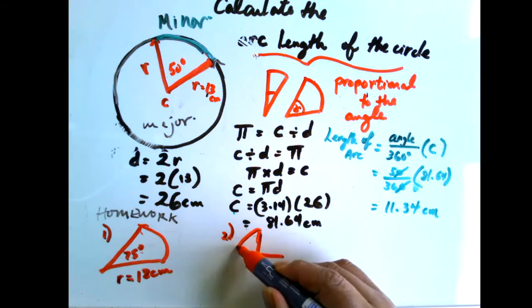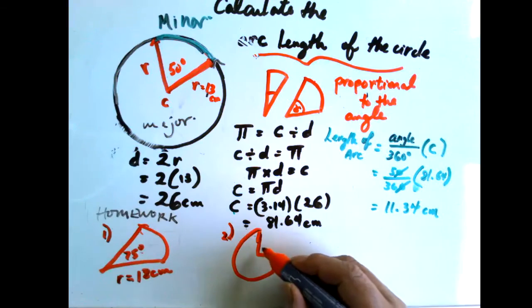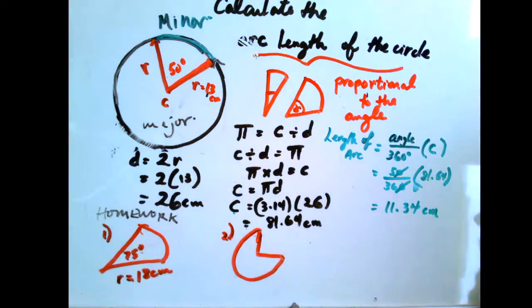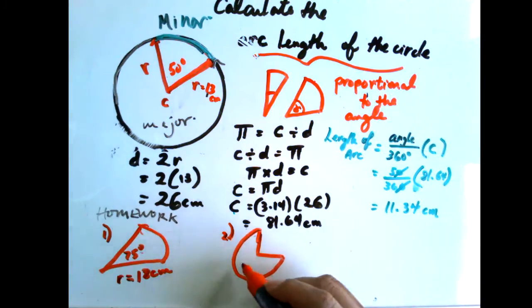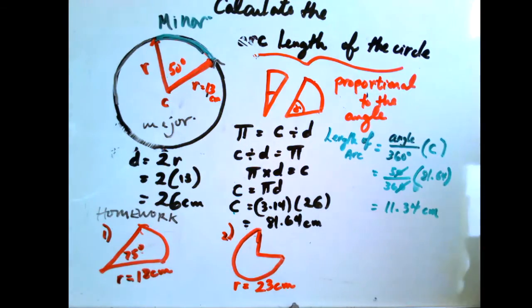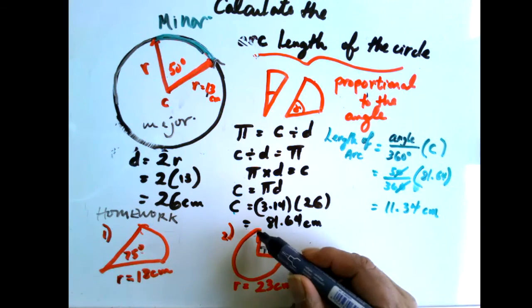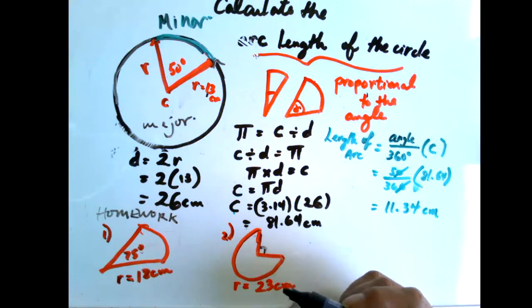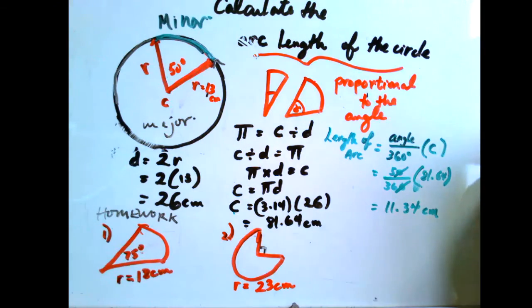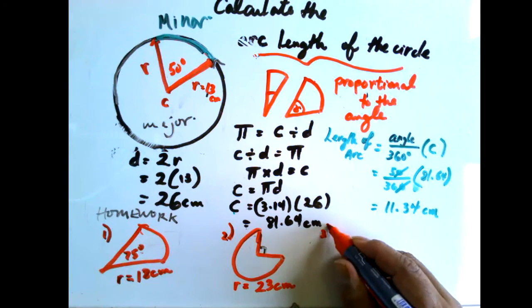You have here the radius is 23 centimeters, and then this is a right angle, but you're going to solve for this arc. And of course, the last question would be number 3.